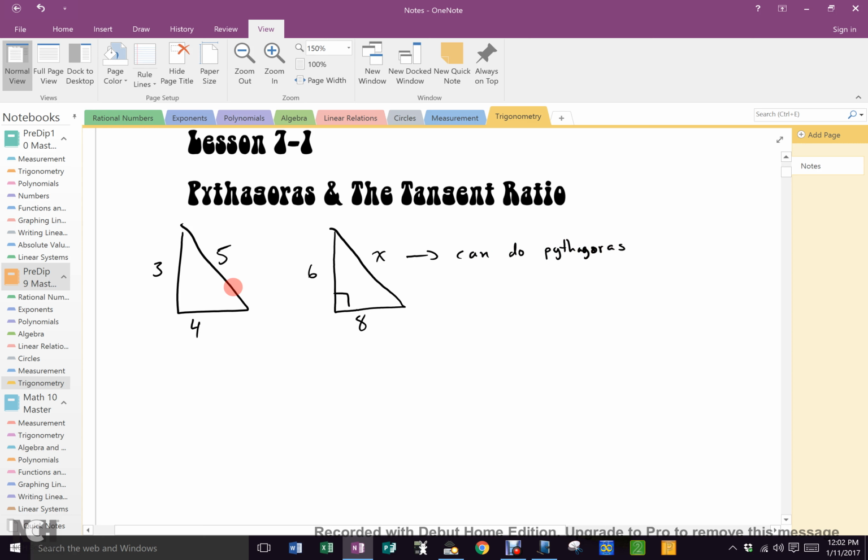If you don't have the little box there, you must use Pythagoras to prove the right angle. Does everybody understand the difference here? Because you know this is a right angle, you're allowed to use a squared, b squared, c squared to find x.